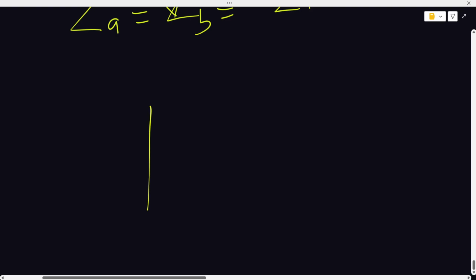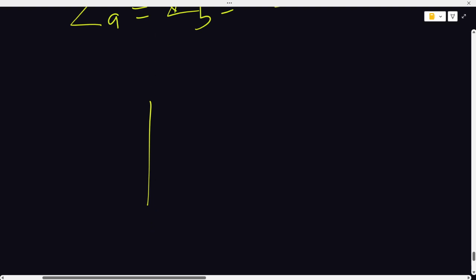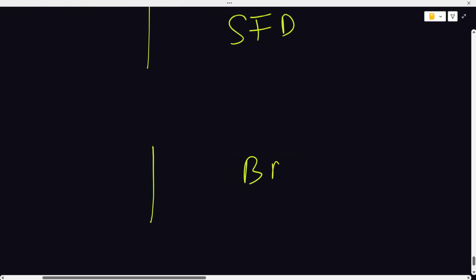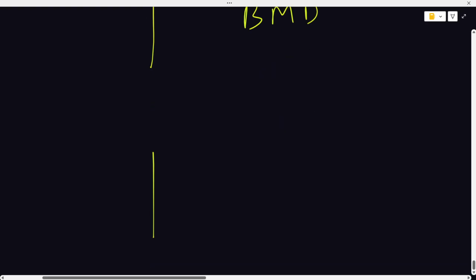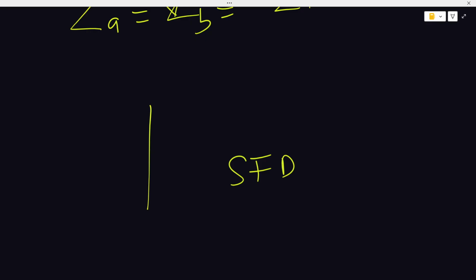So let's draw three lines to represent them: the first one is the SFD, then the BMD, and the axial force diagram. I think they call it NFD also, but I've forgotten the meaning of the NFD. You can search for it.